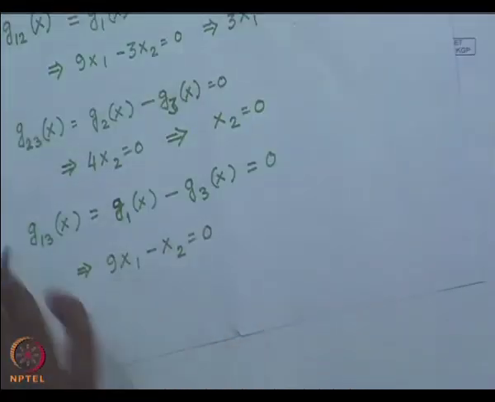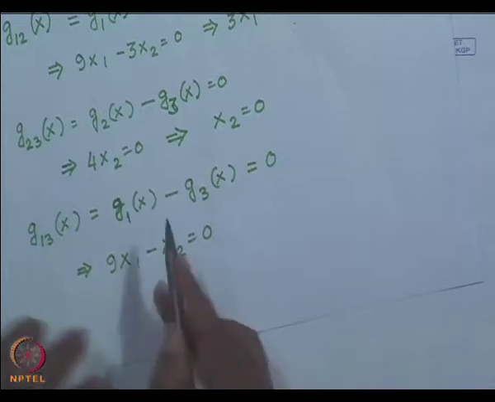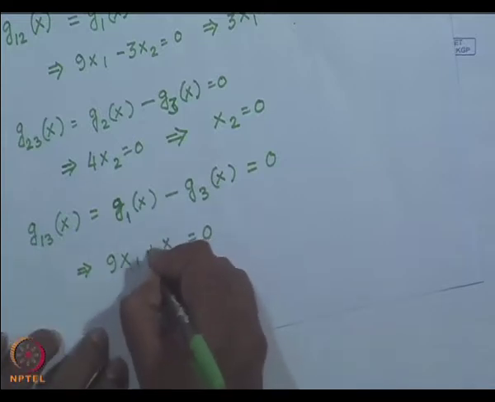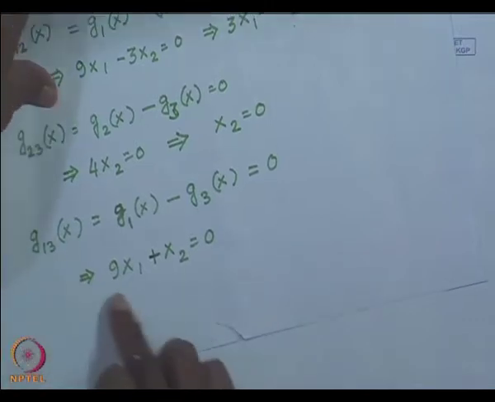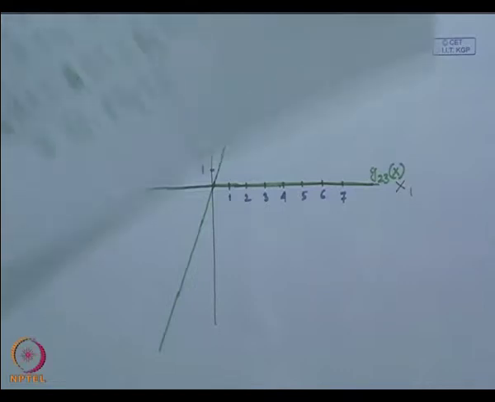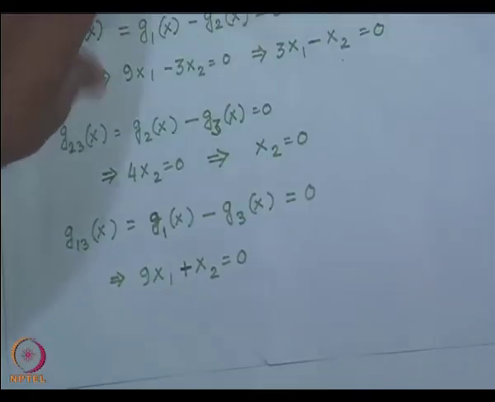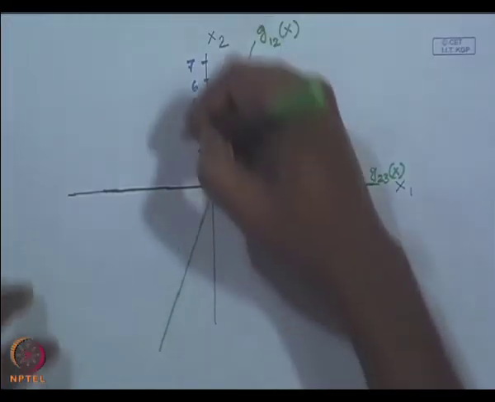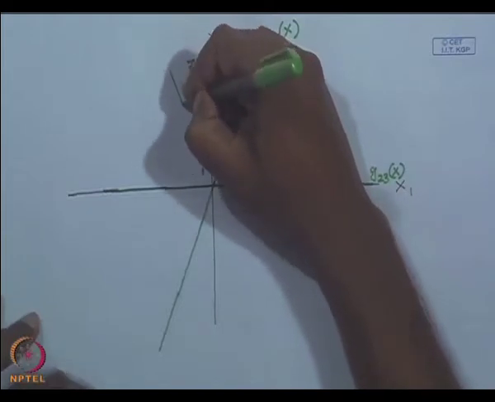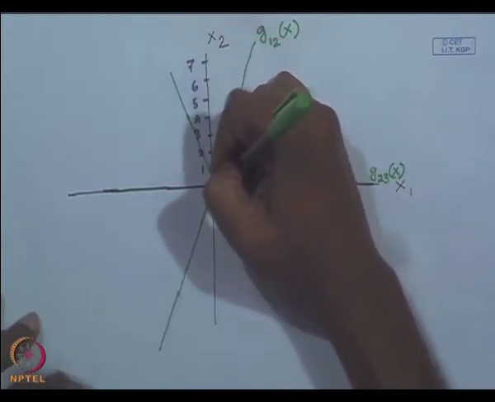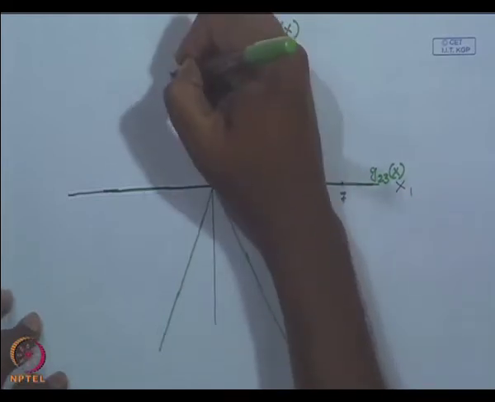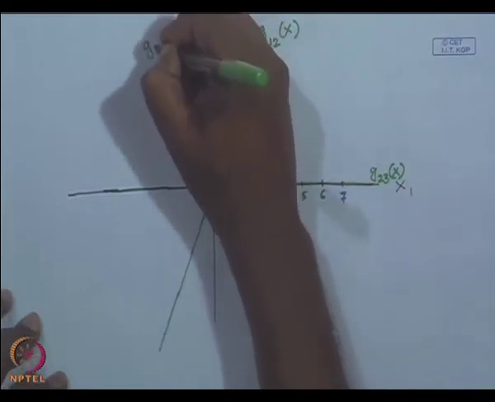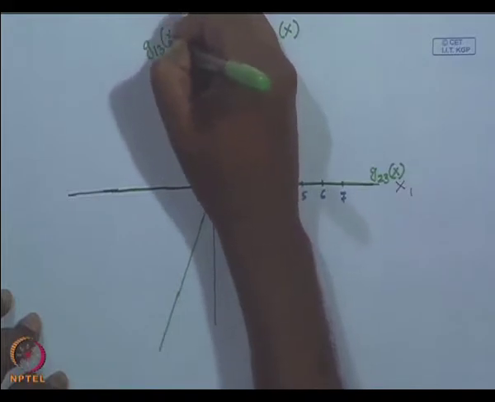So, this is 9 x1 plus x2, not minus. Okay. So, if I plot this decision boundary on the same graph, you find that this plot will be something like this, where this is G13 of x.